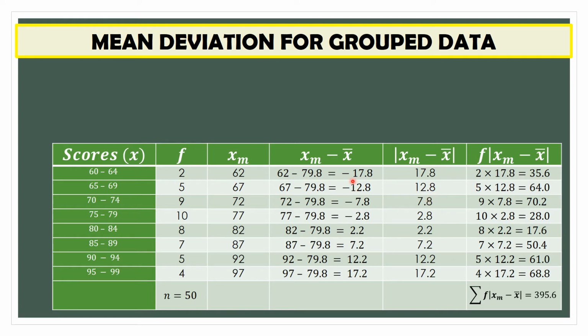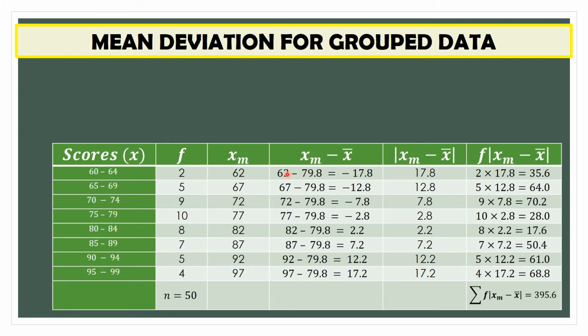Okay? So, this is the 3-column table from our first step in getting the mean. What we lack is the fourth column. Thus, adding 3 columns again, we have x sub m minus x bar, its absolute value, and then the product of the frequency and the absolute value.